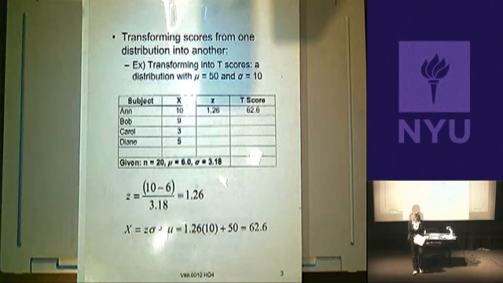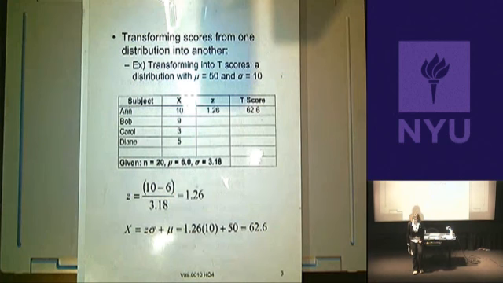If I gave you your test scores in negative z-scores, I don't think that would be fun. The other thing is that it's a very compressed distribution. Most of the scores in a z-score distribution are going to fall between plus or minus 2.5. So often we want to express our scores in another distribution.